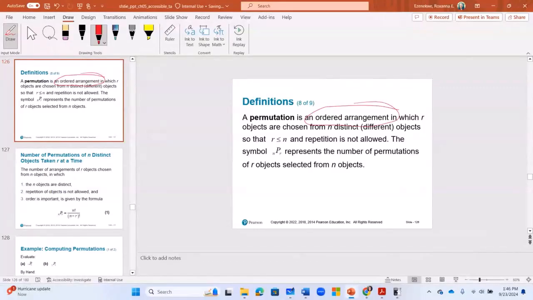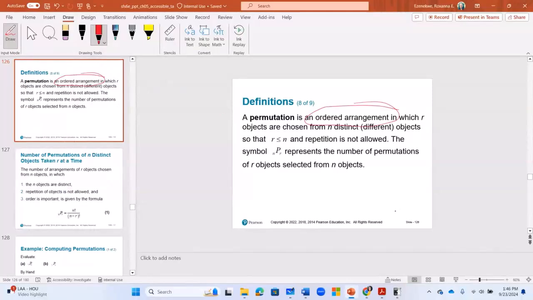This is the most important thing to stress in permutation. Because in combination, order was not important. But in permutation, the definition says it is an ordered arrangement. Therefore, there must be order. Is that clear? So let's actually start talking about those ABC again.